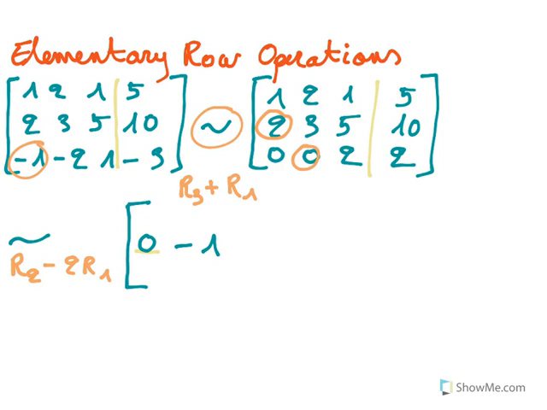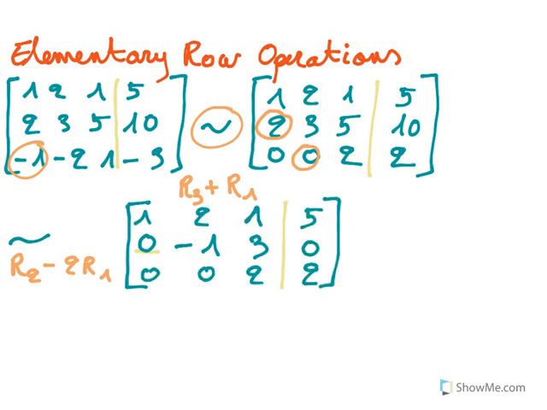Then 5 minus 2 is 3. And finally, 10 minus 2 times 5 is 10 minus 10, and that equals 0. The first row and the third row, well, they do not change, so we get this matrix right here.